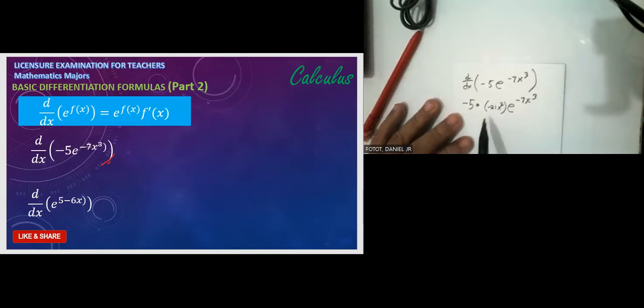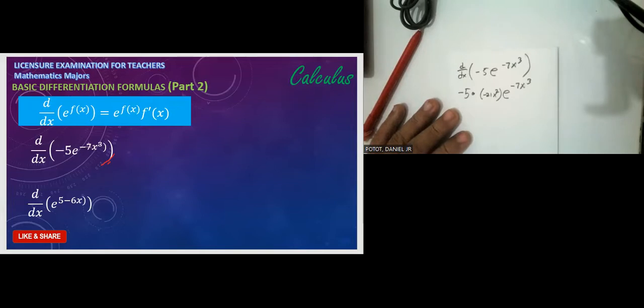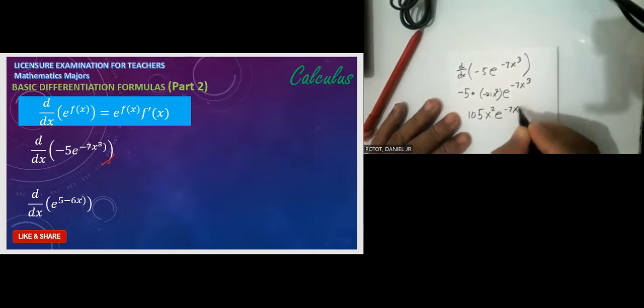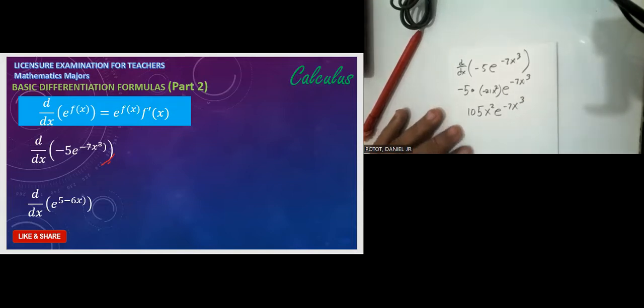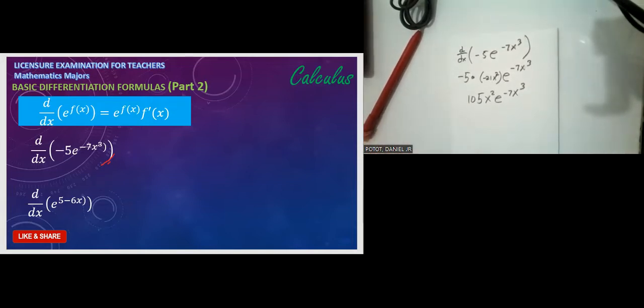Take a look, I put it in brackets because of that negative there. You do it like that so you avoid getting confused with the minus. So now negative 5 times negative 21 is equal to 105x squared e to the negative 7x cubed. It's a very simple question.